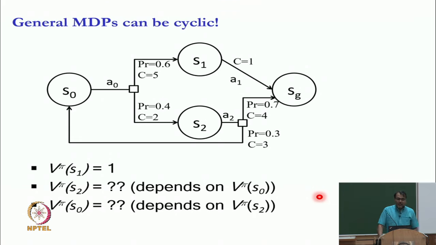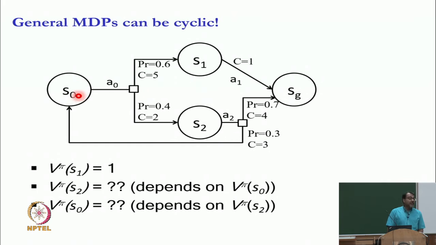So, if I want you to write down the equation for V pi of S2, what would you say? 0.7 times 4 plus 0.3 times 3 plus V pi of S0. 0.7 times I pay cost 4, get to the goal, so no more cost. 0.3 times I pay 3 and get to S0, and what is the cost I pay long term? V pi of S0.